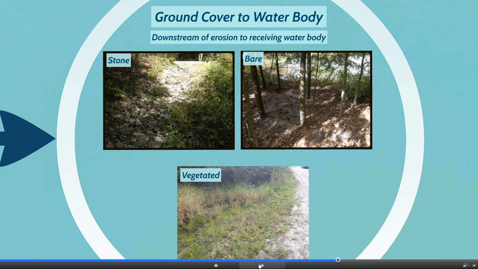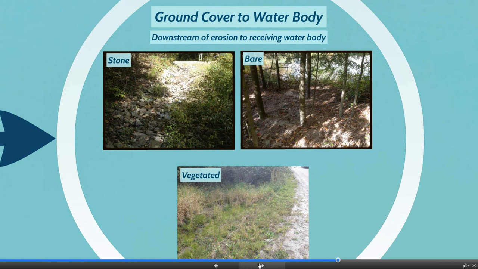So after we run through those priority scoring, each priority indicator is given a ranking, and the rankings are tabulated in a spreadsheet, and the highest ranking sites are the ones where we have visual clues of direct discharge.